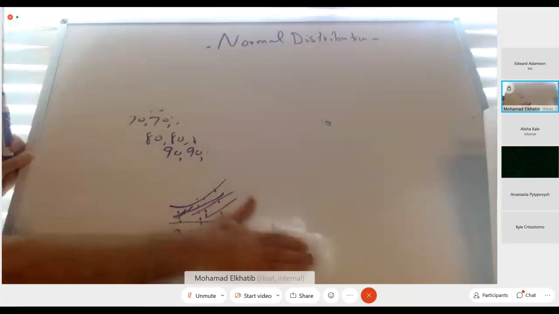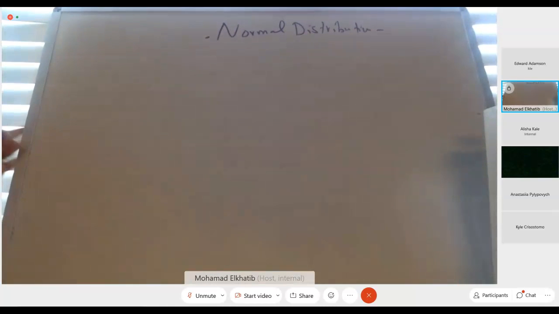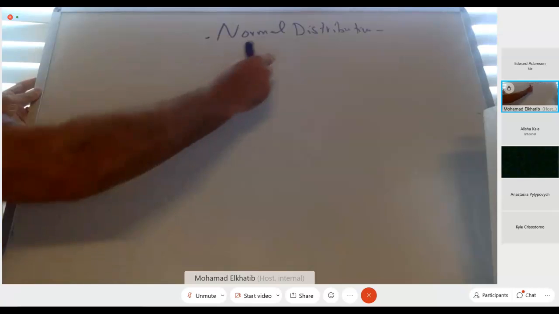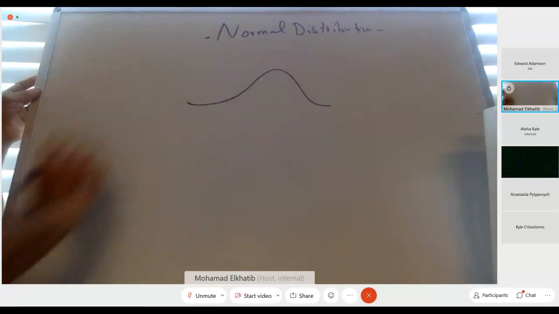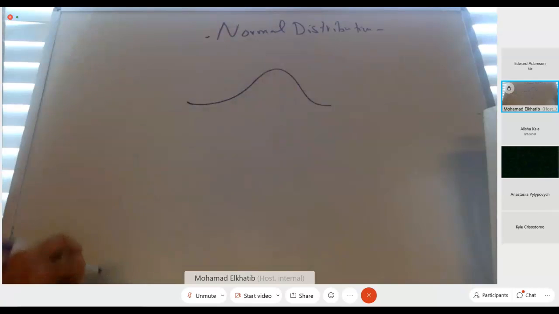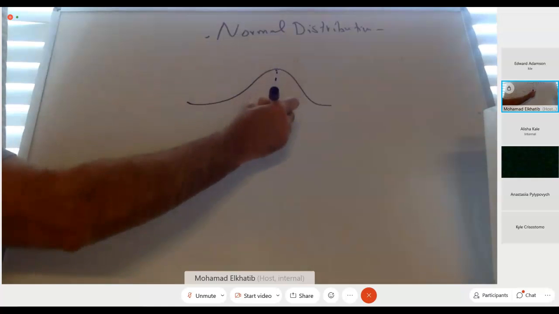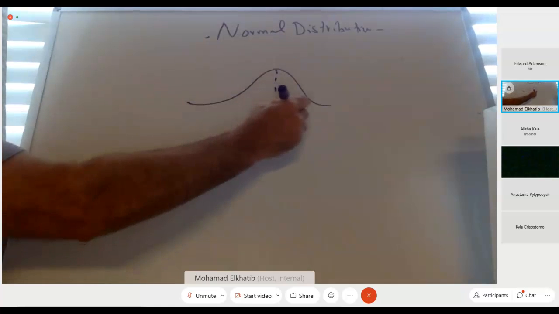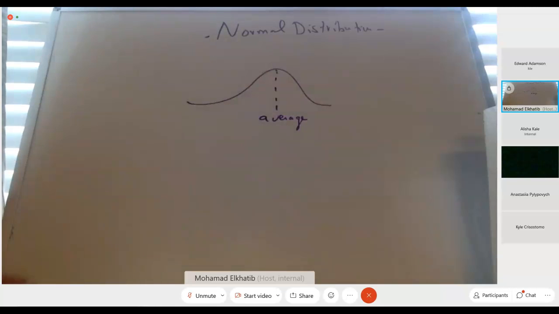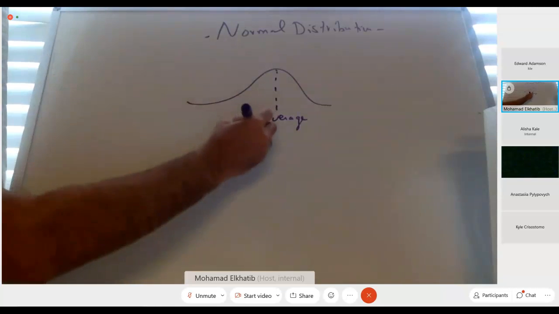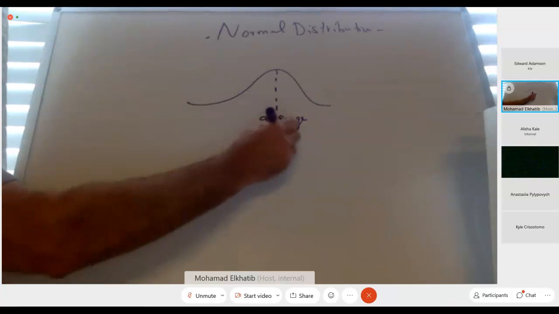I just want to show you where that curve comes from. I don't want to just show you, here's the curve, class. So this is the normal distribution curve right here. It has a lot of data here. This is where the average is, because you have a lot of people making that average. What else? At the average, this is where the mode, median, and the mean are the same.